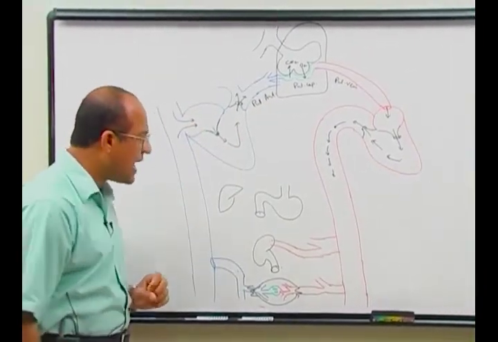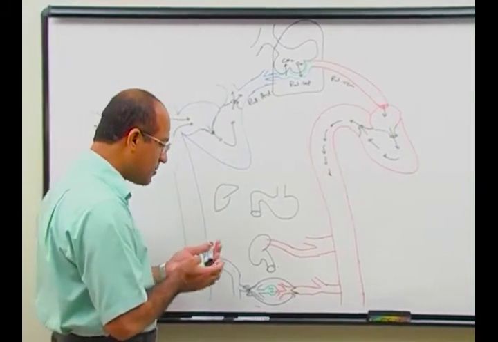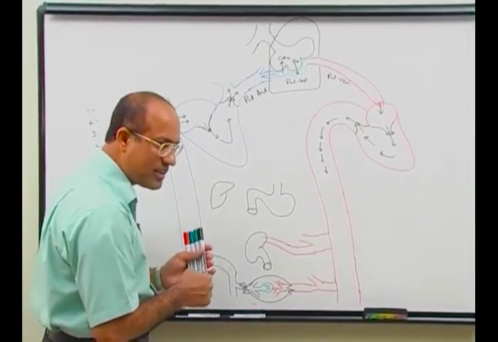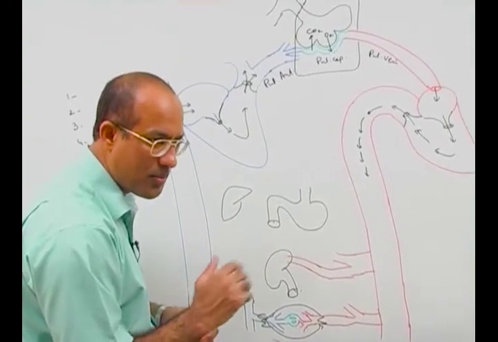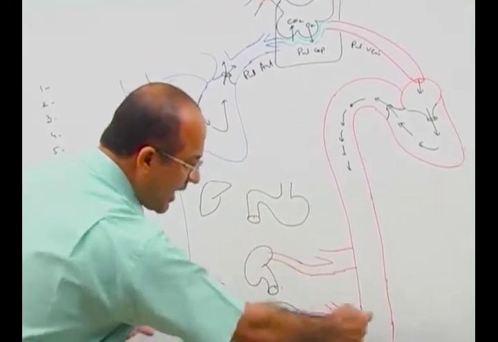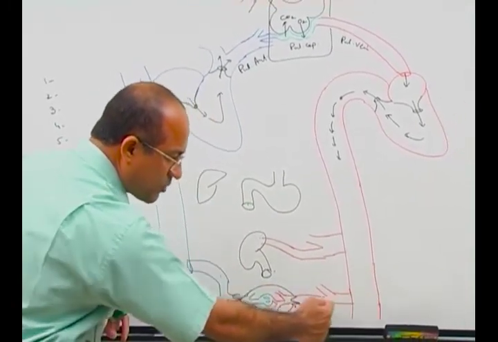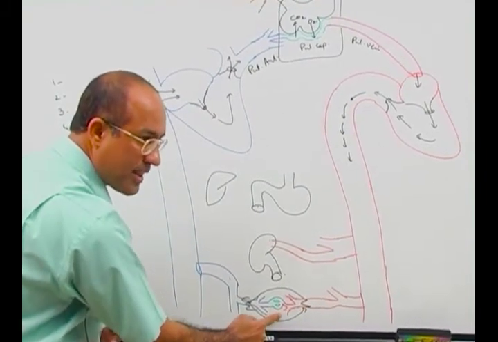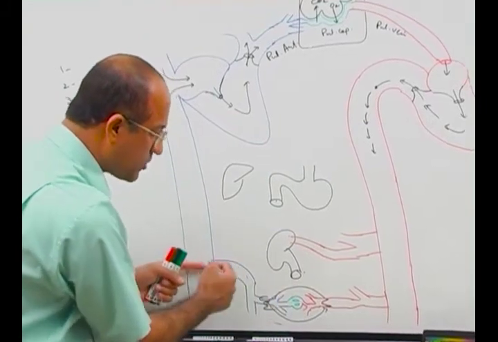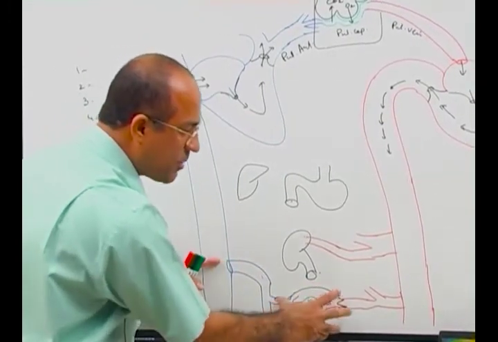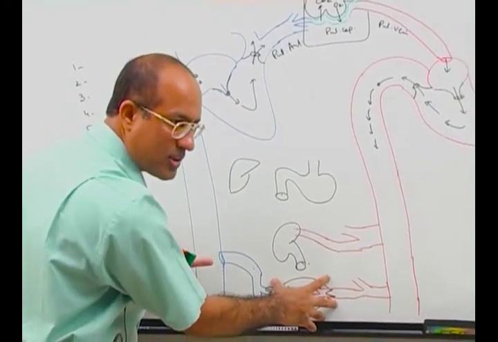Before we really go for that, in some parts of the body circulation is a little bit altered, because the common theme is that the arterial system should bring the blood to the tissue, then there should be a capillary exchange area, and then the venous system should be the drainage. This is what is happening in most areas of the body.